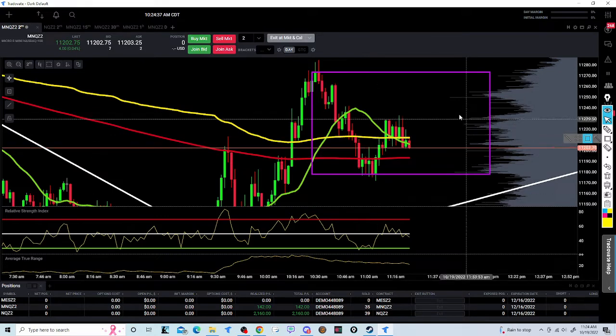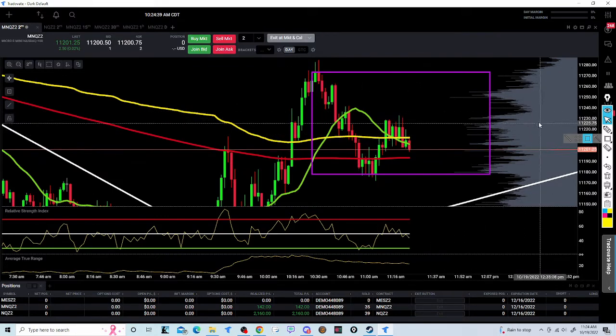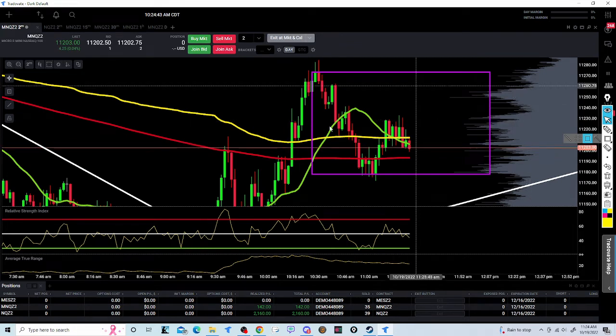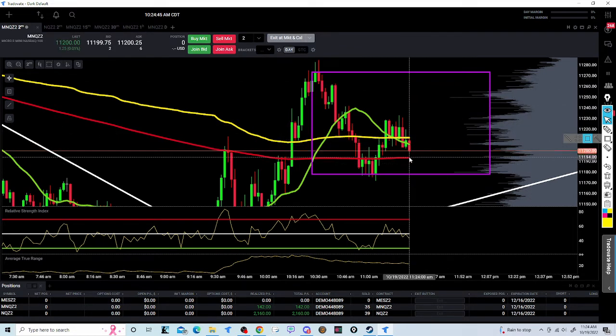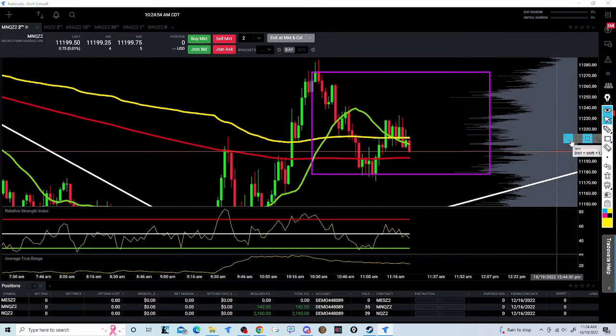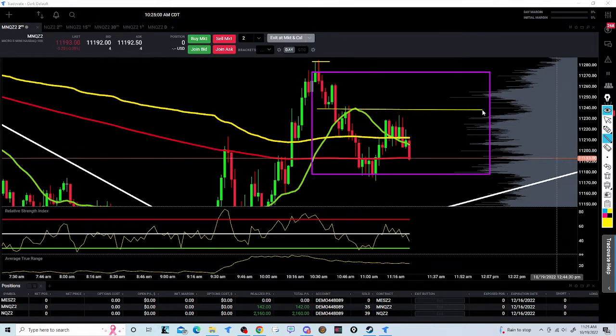Now, is this going to be an actual range? We don't know yet. This is just where it was when we came in here and started teaching live. Had we come in here with this high and this low, that's where we would have started a channel or drawn our box for a range.